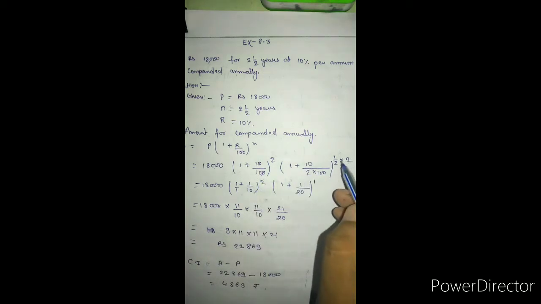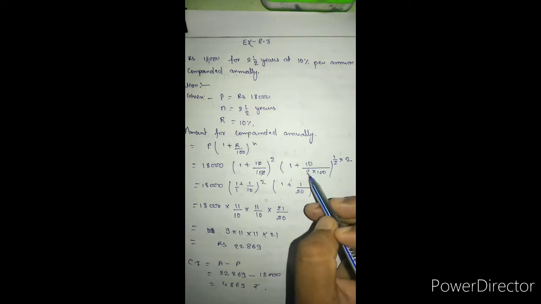Now look here, when you calculate it for the half year, make the time a whole number. If you want to make it a whole number, then you have to multiply it by 2, so that 2 and 2 cancel, and you get 1 as a whole number. When you multiply the time by 2, you have to divide the rate by 2 also.